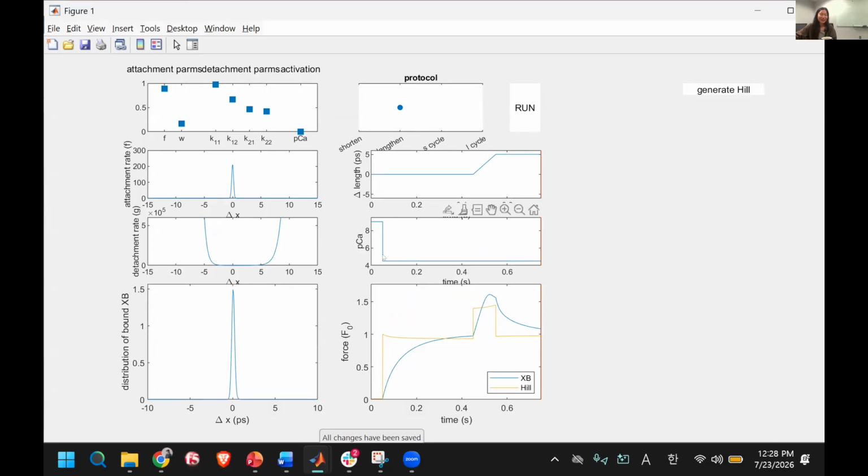And then here is the activation on the y-axis. And then on the bottom graph, we see how much force is developed from the model. And you can click anywhere here to go through the time and see how many cross-bridges are formed on the bottom left corner. Do people get it? Does it run on everyone's laptops?